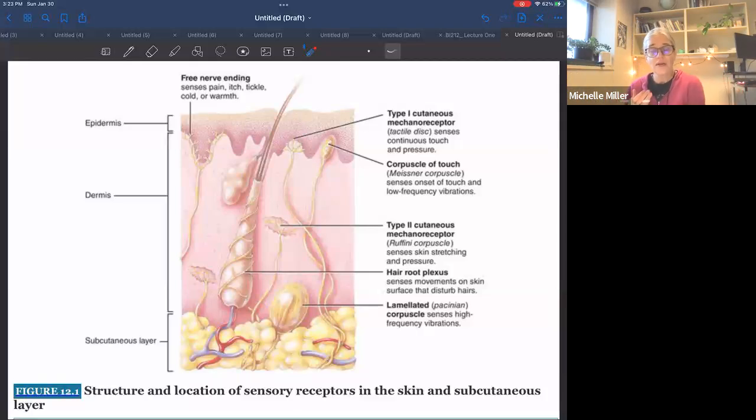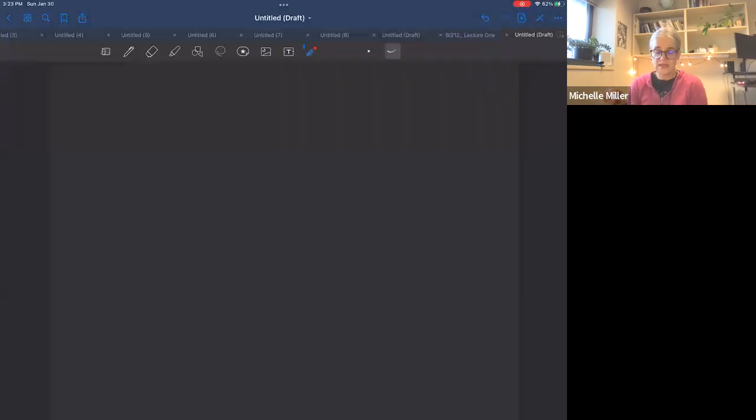Now, another really interesting thing about pain and perception in the skin is sometimes we have what is called referred pain. And referred pain is really interesting because it is actually pain that is being initiated in your organs, so in the visceral structures of your body.